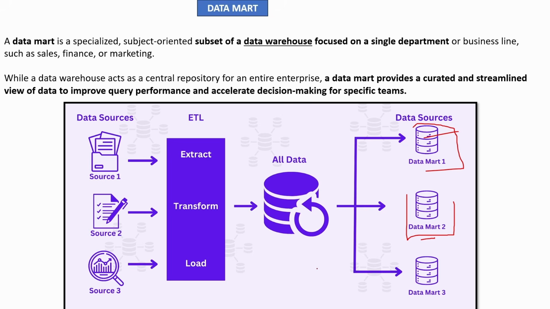While the data warehouse acts as a central repo for an entire enterprise, a data mart provides a curated and streamlined view of data to improve query performance and accelerate decision making for specific teams. Because data marts are department focused, we only have the department focused data, so obviously it improves your query performance and it accelerates decision making.